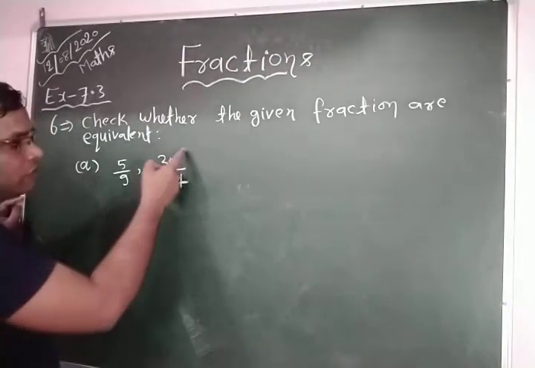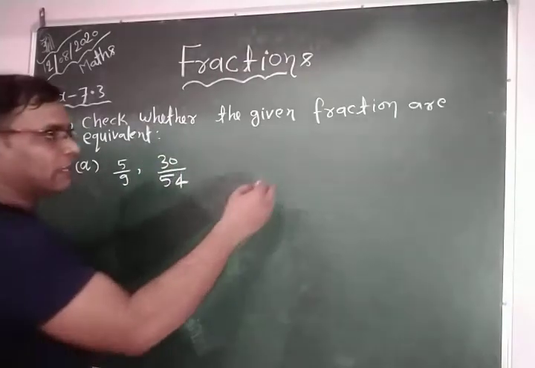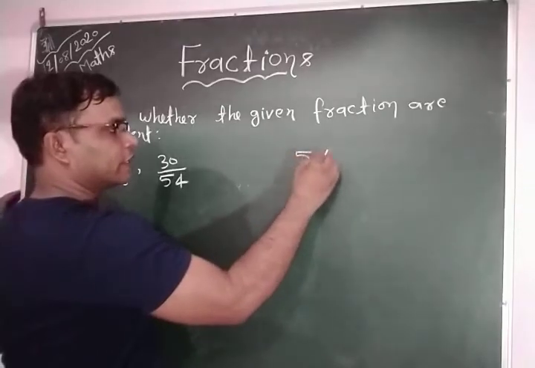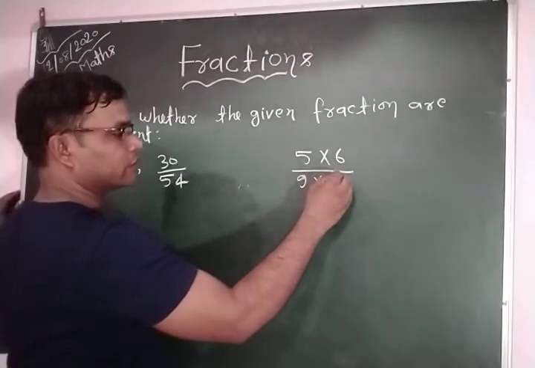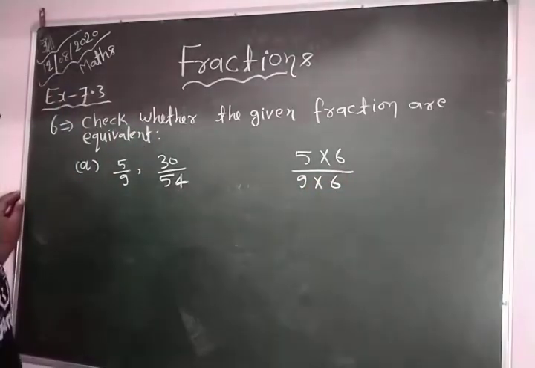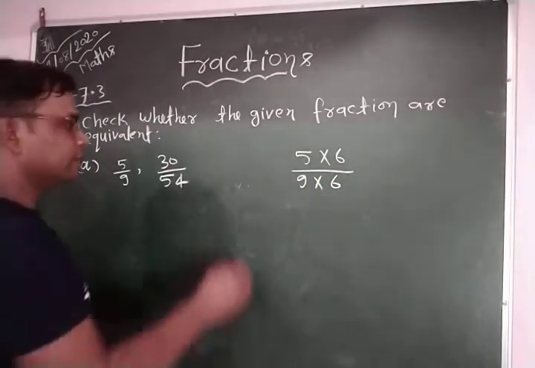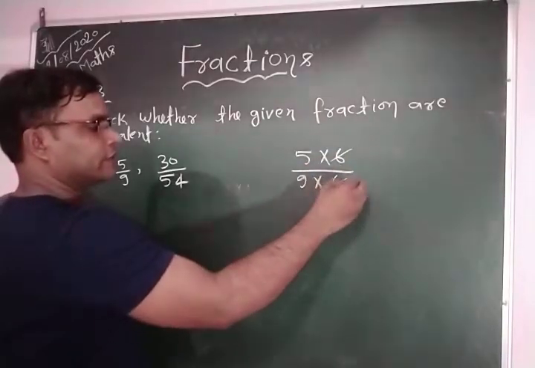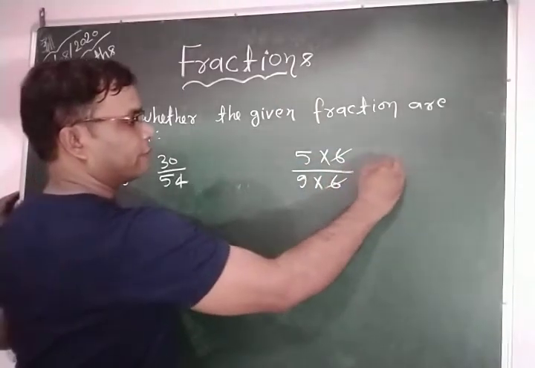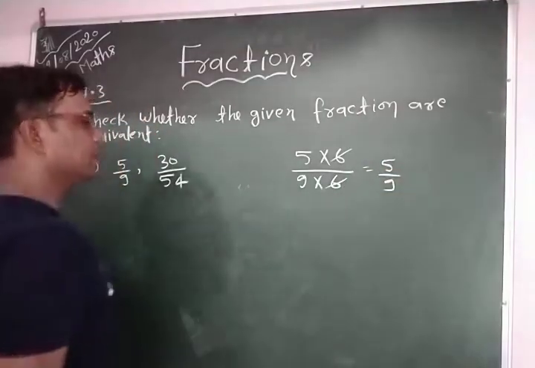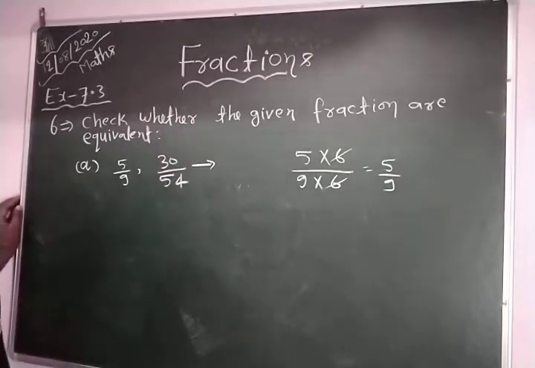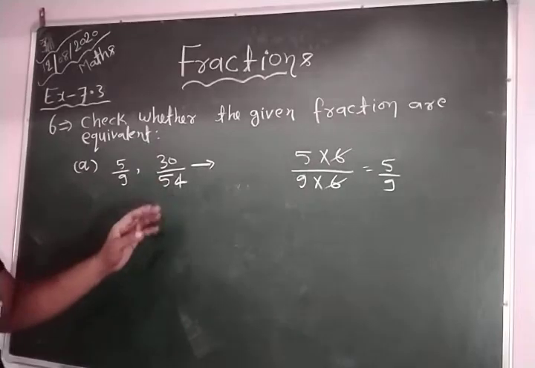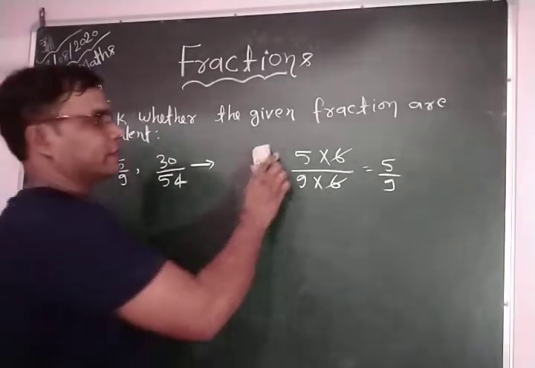We will simplify 30 by 54: 5 times 6 is 30, and 9 times 6 is 54. If you cancel, then you obtain 5 by 9. Clear? So you can say they are equivalent fractions. 5 by 9 and 30 by 54 are equivalent fractions.